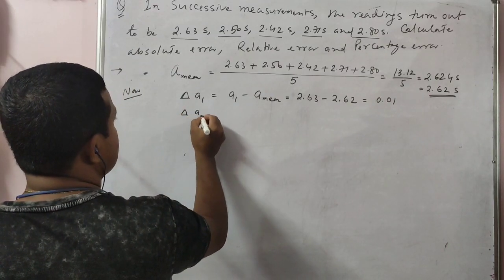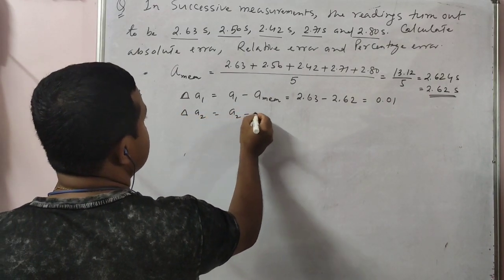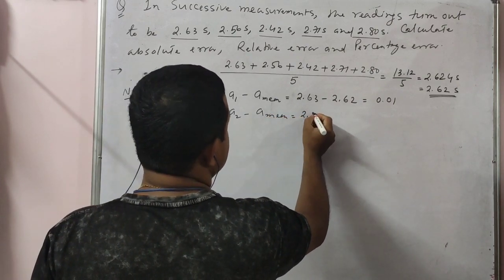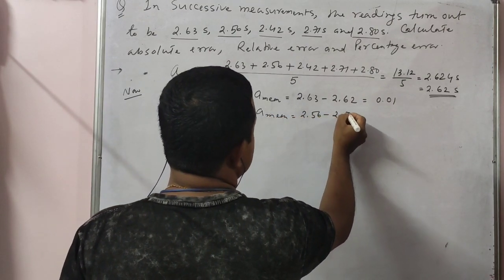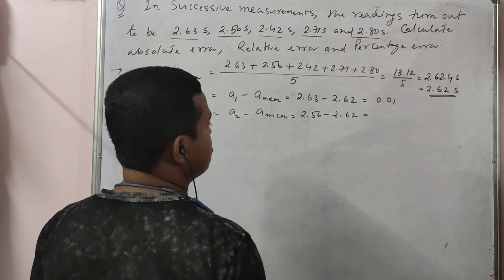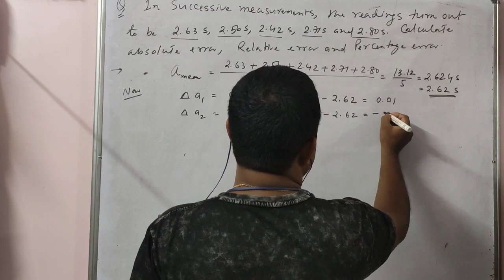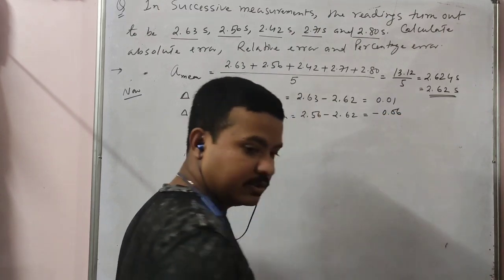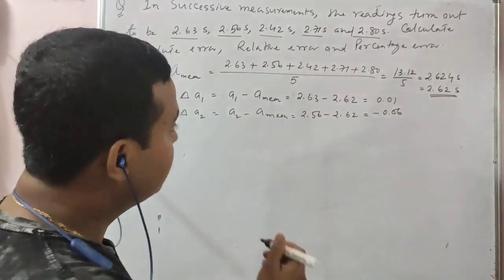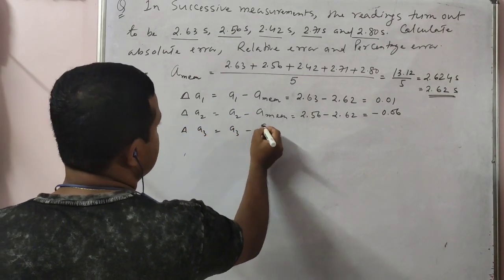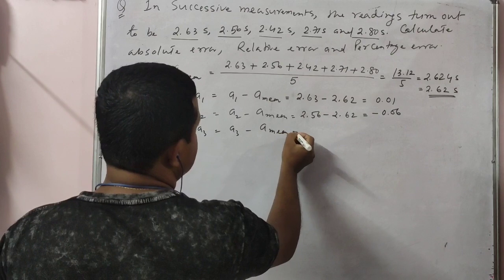Then delta A2 will be A2 minus A mean. It is 2.56 minus 2.62. So it will be minus 0.06. Then delta A3 will be A3 minus A mean.